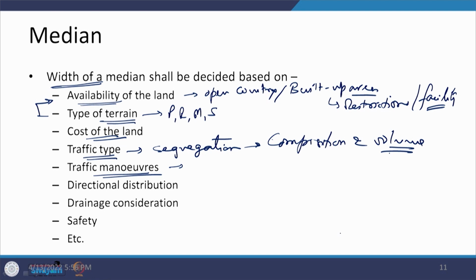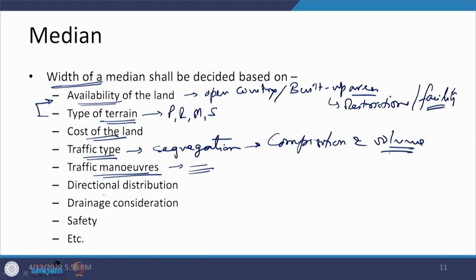So, we have right turning, left turning, traffic moving straight, merging or diverging traffic. All these types of maneuvers are there, and if we have to segregate them, then what are the ways in which that can be done is what we are looking at here. Directional distributions, so that means we are talking in terms of a divided system to be provided, so that we can segregate the traffic in this direction also.